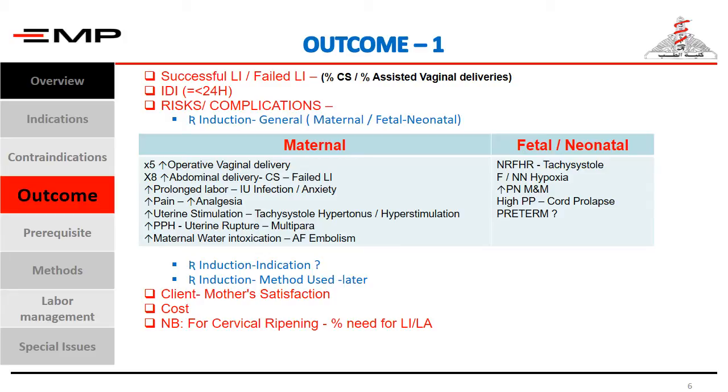As examples of the risks related to the procedures, with artificial rupture of membranes there is increased risk of cord prolapse, and with oxytocin use, maternal water intoxication is a rare complication. Lastly, inadvertent delivery of a preterm infant may be the result of induction of labor if expected date of delivery was not correctly documented.